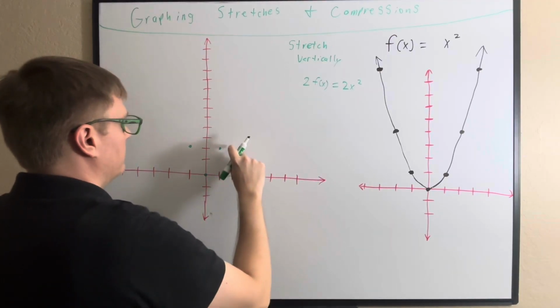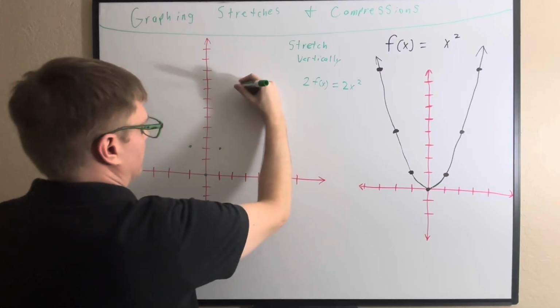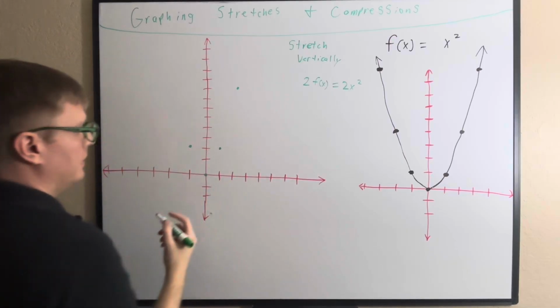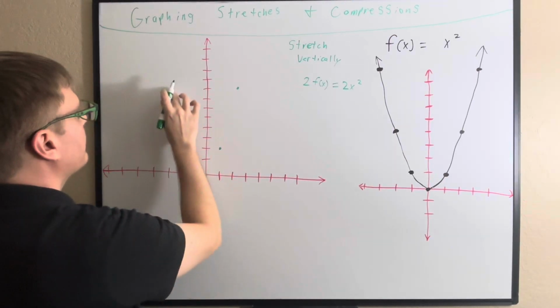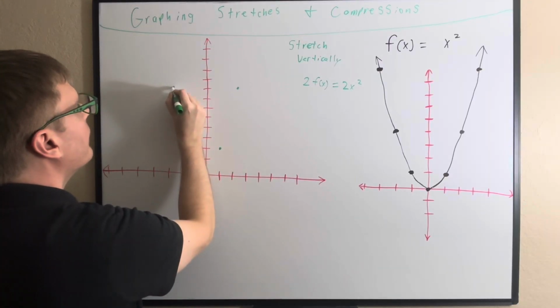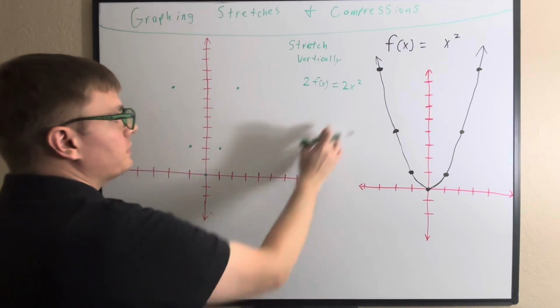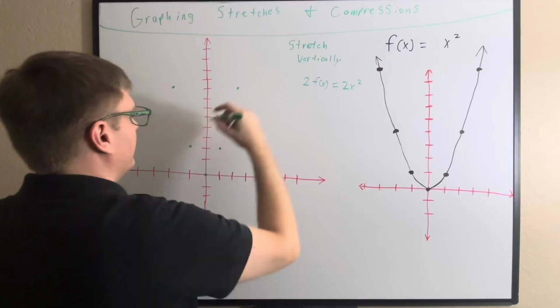Oof. All the way up here. All right. Forgive my crude drawing, but as long as it gets us there, all the way up there. Now 3 squared is 9, times 2 is 18. That's way up there. It's kind of off the board here.